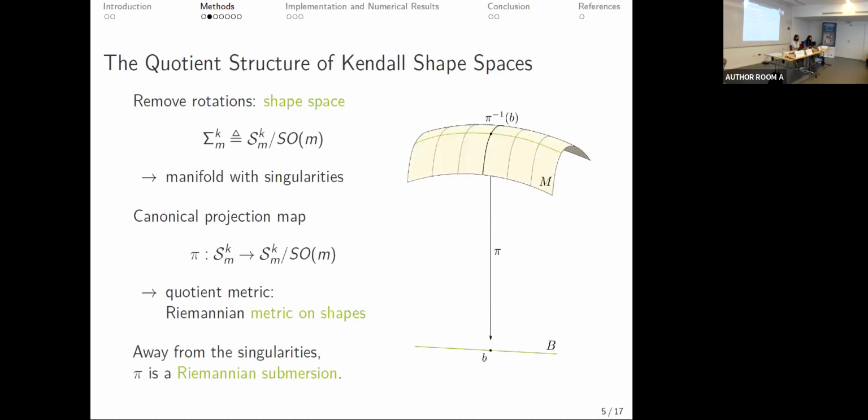This allows us to construct the final quotient space, called shape space, which has this manifold structure descending from the pre-shape space, such that we obtain a manifold, but with singularities. Now that we have this metric on shapes, we also have this Riemannian submersion, which is descending to the base space, but away from the singularities, as shown on the drawing.